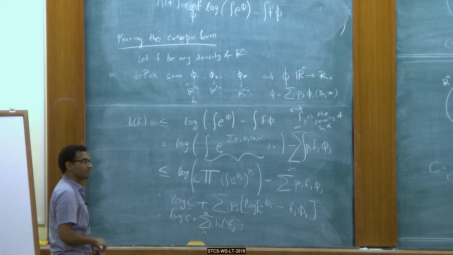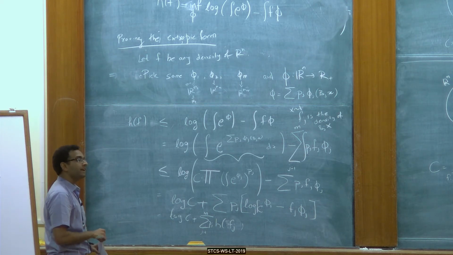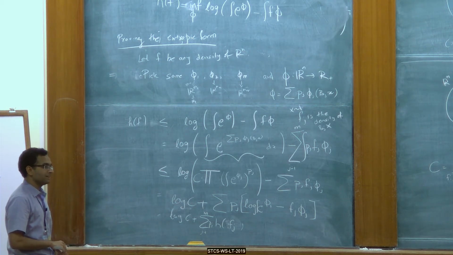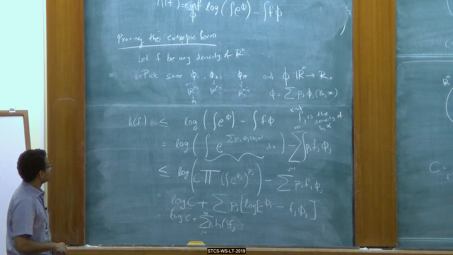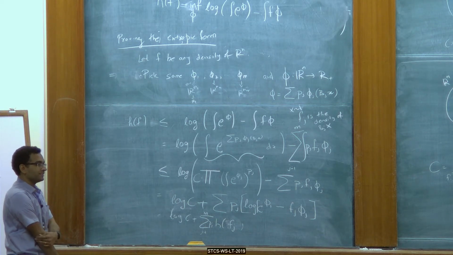Yes. E to the phi is equal to the marginal, bj of x.